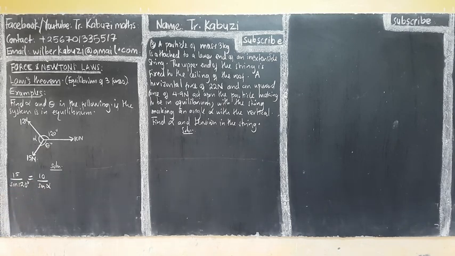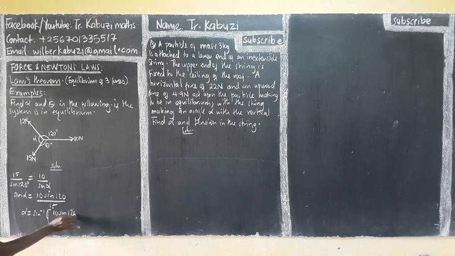If I cross multiply, I'll have sine alpha equal to 10 sine 120 over 15. So my alpha would be sine inverse of 10 sine 120 over 15.